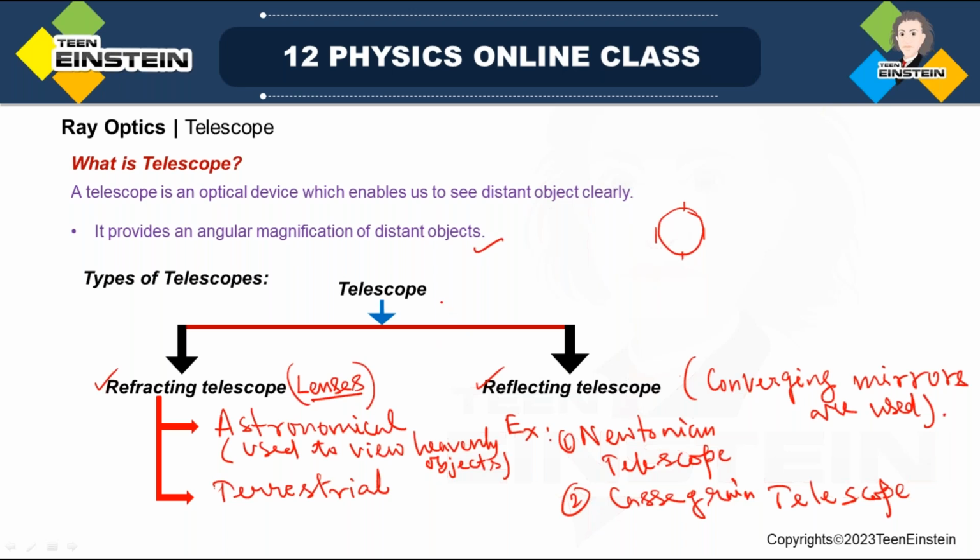Now we'll discuss this astronomical telescope in detail, like the image formation, and we'll find out the magnification or magnifying power of the astronomical telescopes. So today's discussion will be on the astronomical telescope.